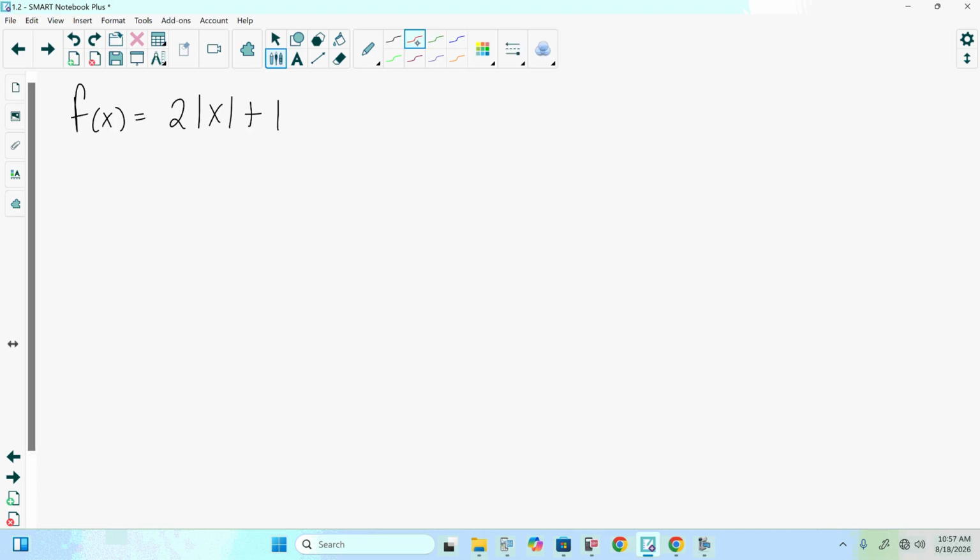What is our parent function? Absolute value. So it's an absolute value. Y equals a times the absolute value of x minus h plus k.